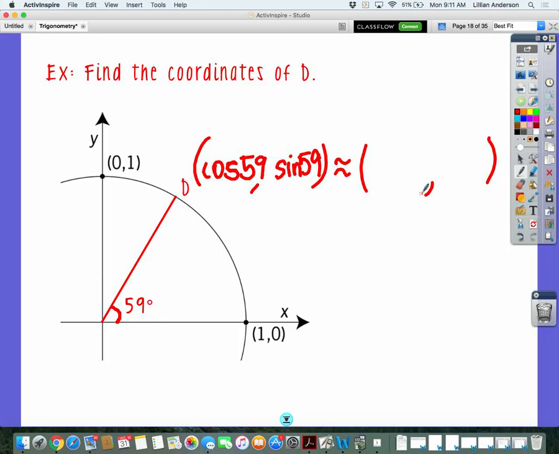Now what you should notice is that the coordinates of D should be less than 1 for both the x and the y coordinate, because if we're within this unit circle, the highest we can go is to a positive 1, that's where it crosses the y-axis, and the furthest over we can go is a positive 1 along our x-axis. So, what is cosine of 59 degrees? 0.515, and the sine of 59 degrees is 0.857. Simple enough, right? Okay? Boom. Moving forward.